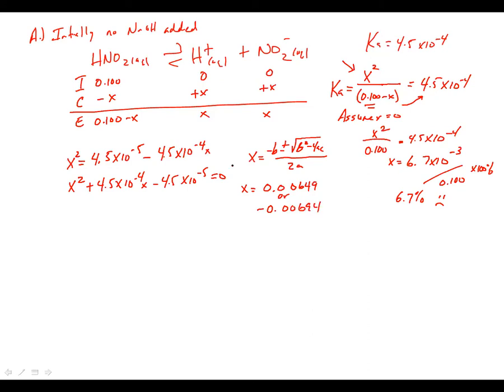Obviously, in this case, we're interested in our H plus, which is equal to x, so we cannot have our negative number. That means that in this case, the H plus concentration equals x, which would equal 0.00649.